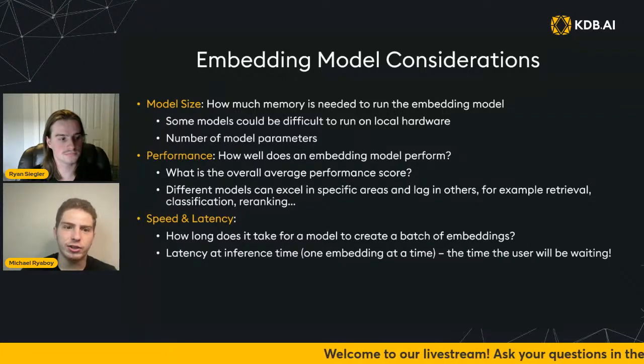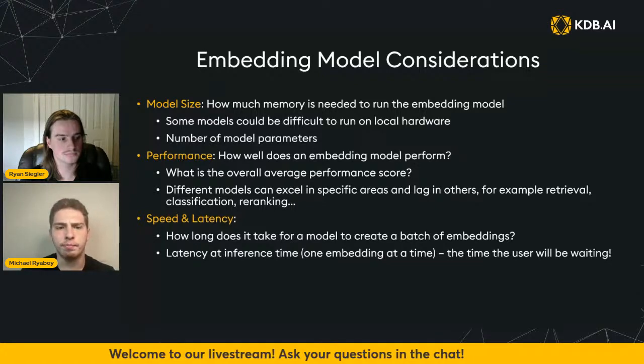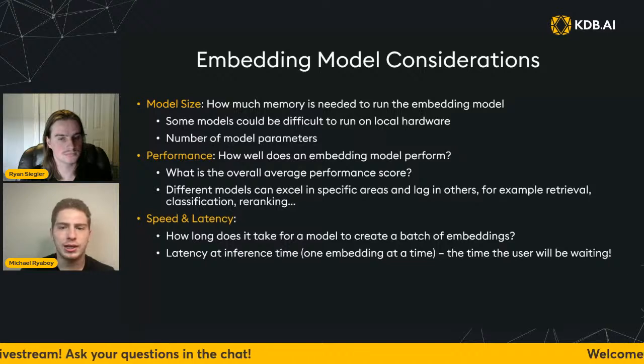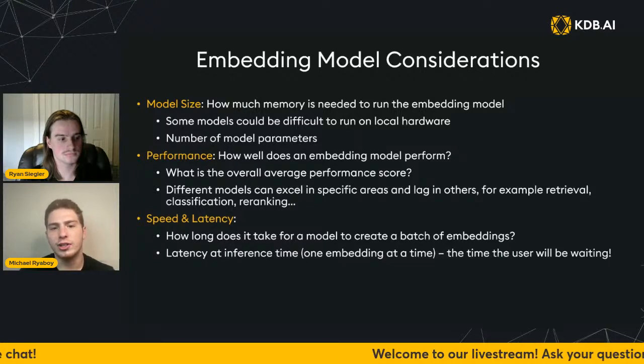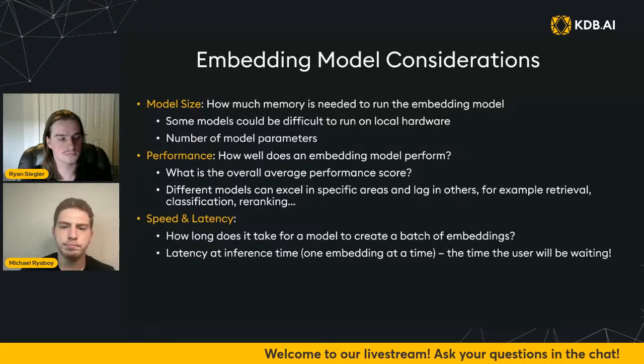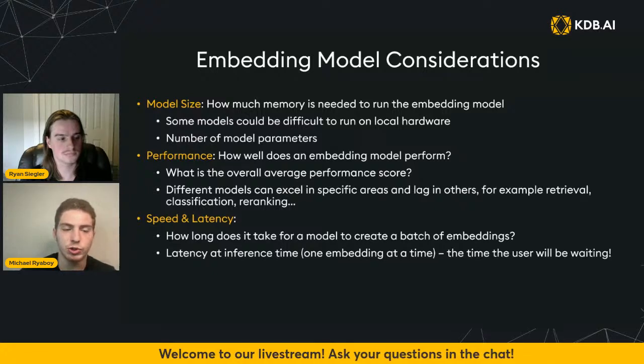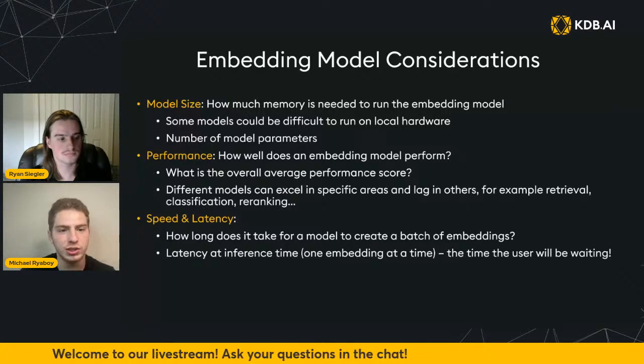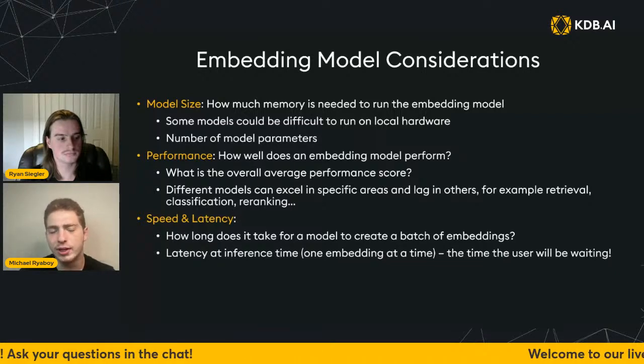Another important factor is how does the embedding model perform? What is the overall performance score? Is it accurate in the task? Does it do well in the tasks that you need it to do? The most common task is retrieval, which means, okay, what is its accuracy? And you can define accuracy in different ways.